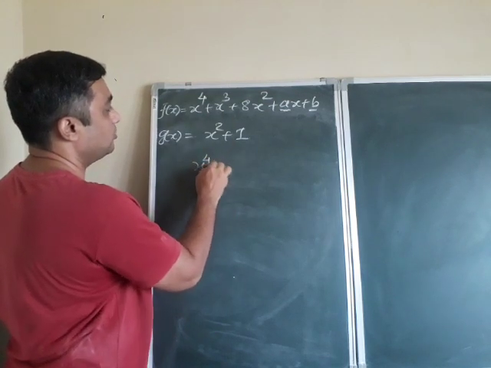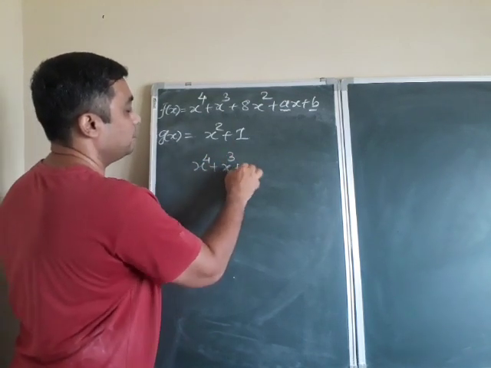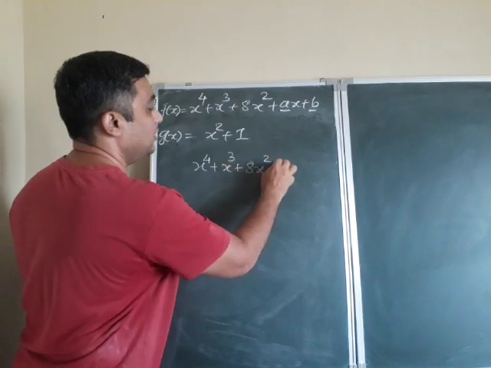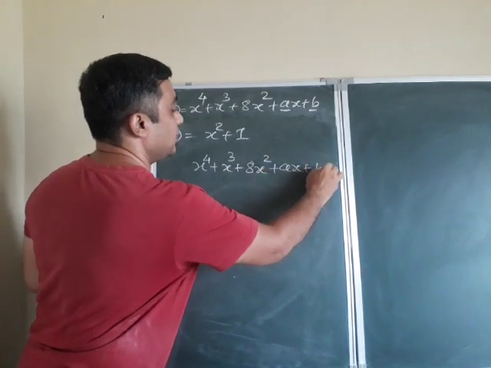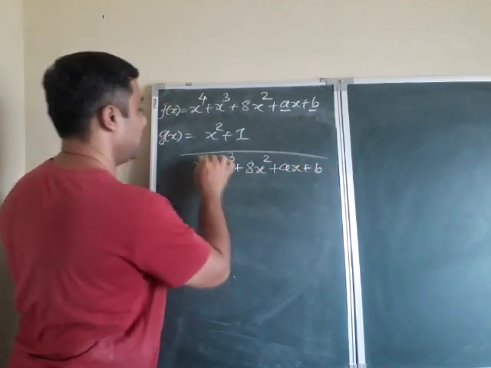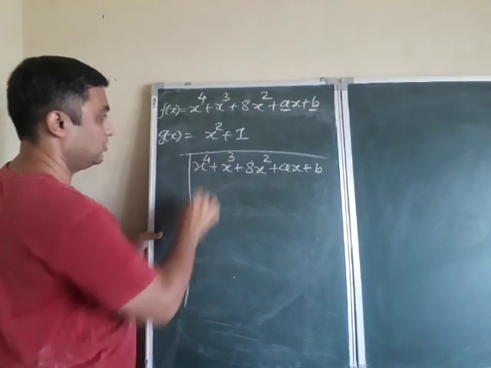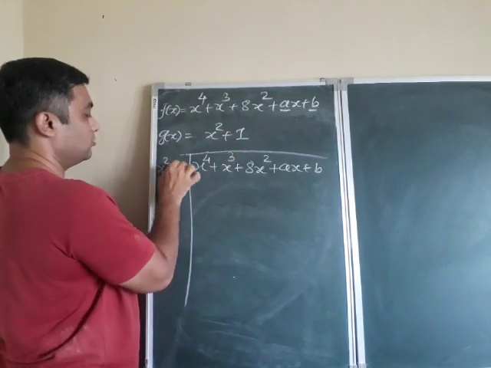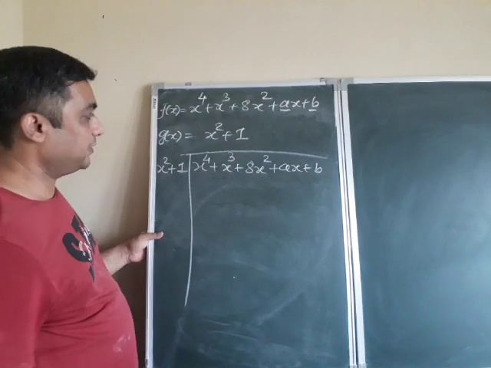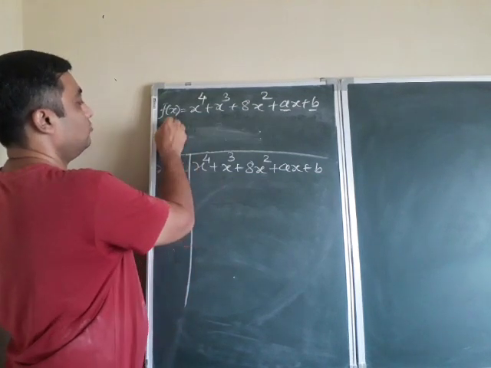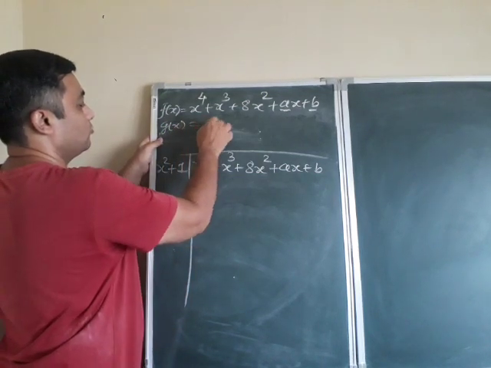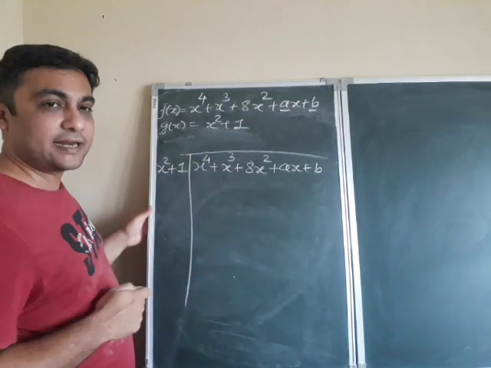Ready? So this is x raised to 4 plus x cube plus 8x square plus ax plus b divided by x square plus 1. चलिए ready? Let us start.